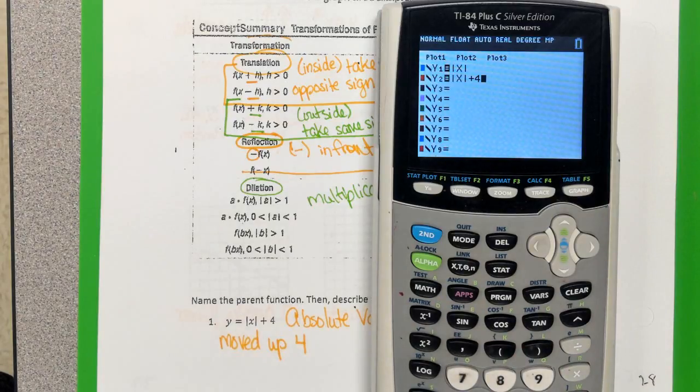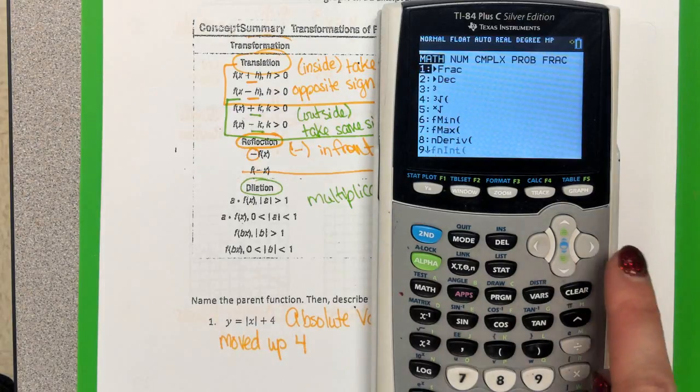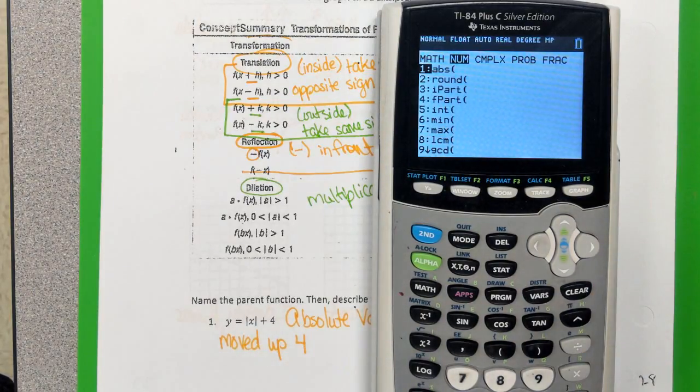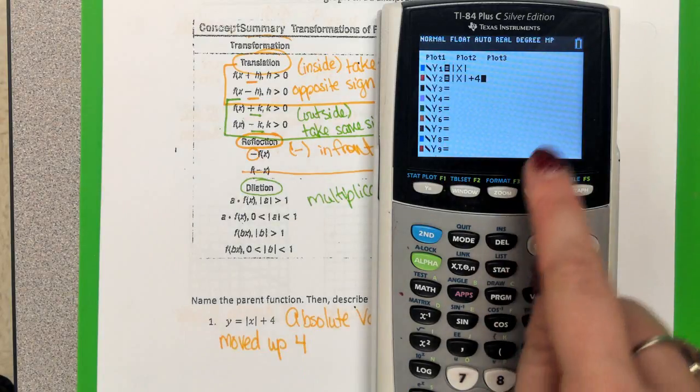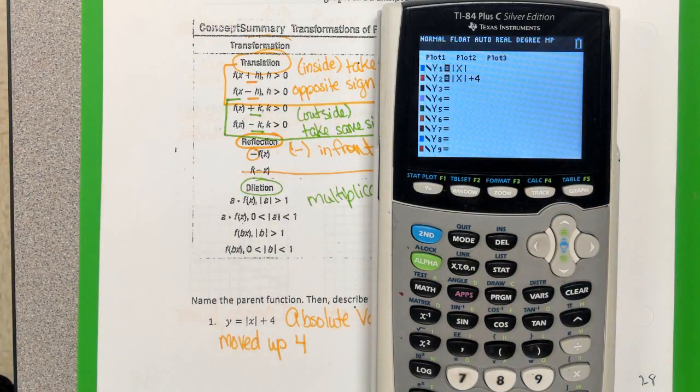All right, anybody else? So Anna, what's yours say? So it says ABS. Then you didn't go to math. You have to go to math and go over to number and hit enter. Got it? Okay, and then you do hit the right arrow button and then hit plus 4. Okay. Anybody else have any issues?